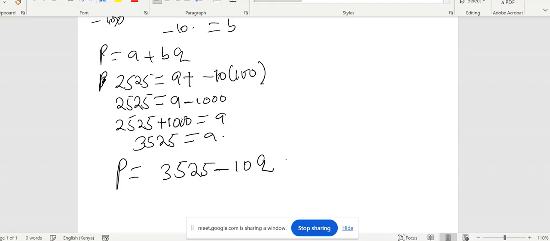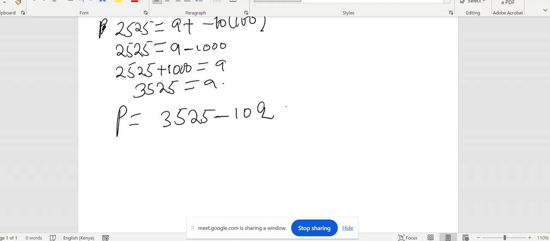Very good. So you can see our gradient here is negative. So this is what? A demand function.